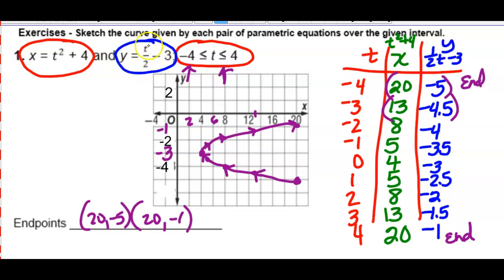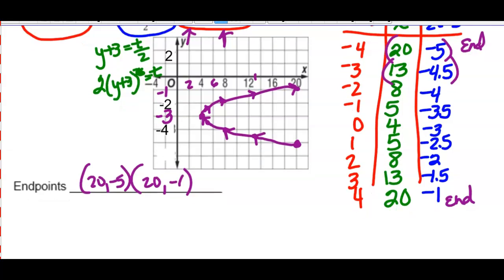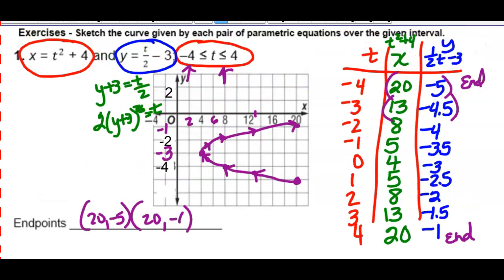This one I would probably do the eliminate t by solving here for t, because I don't want to have to take a square root and remember my plus or minus. So I'm going to do y plus 3 equals t over 2, and then I'm going to multiply by 2. So t is this entire quantity, or I could distribute it. But then I'm going to put it into x on the other side.